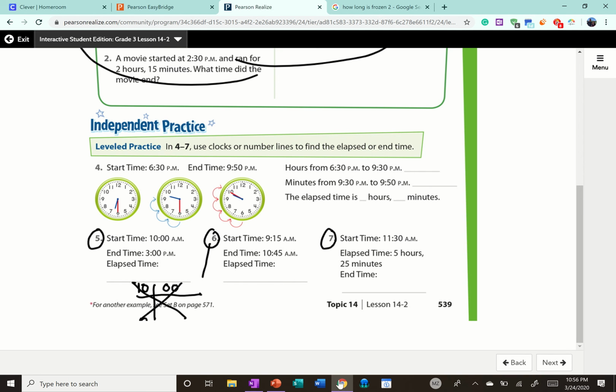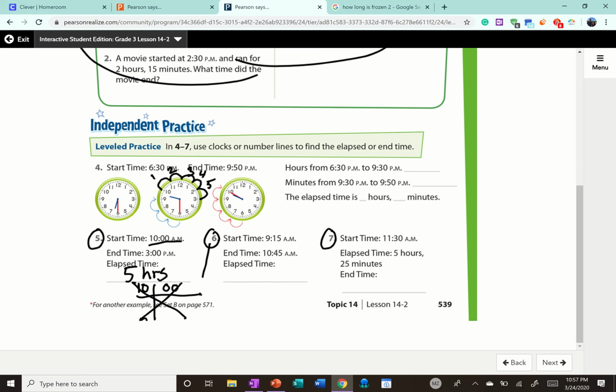But if you think about it, if we go from 10 to 11 to 12, that's 2 hours right there, and then we would just add the additional 3 hours at that point. So how many hours would have passed? Well, 1, 2, 3, 4, 5. The elapsed time from 10 a.m. to 3 p.m. would have been 5 hours.